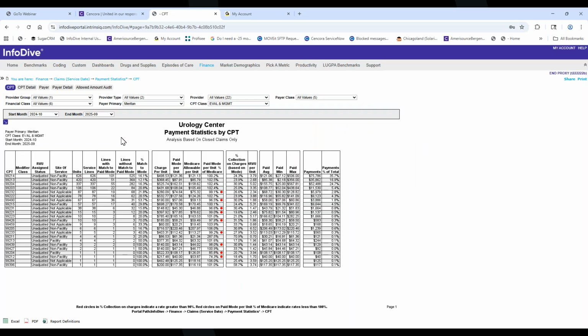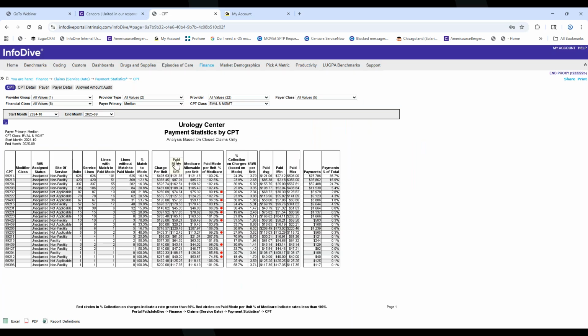So overall, those zero pays are important, but in this report, we're looking to see, when you are paid, what are you paid, and how is that impacting? You can see the paid mode, so most of the time on a 99214, the most common paid amount was $121.36.